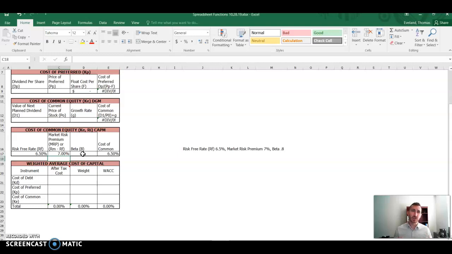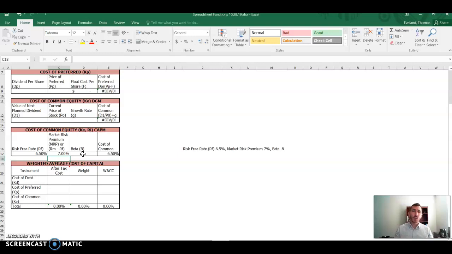So if we had two different charts and showed a high beta investment, it might look something like this as we go through time, whereas a market may show a more smooth upward incline. So that would be a highly risky, highly volatile investment.